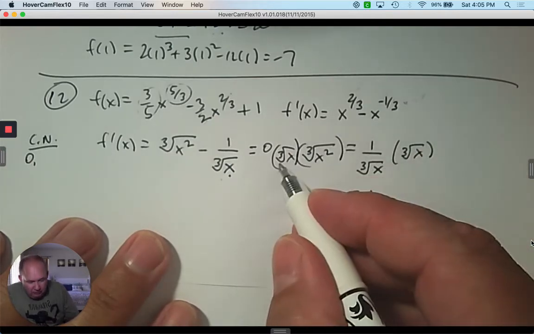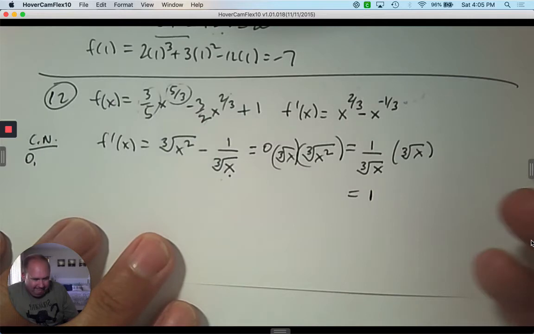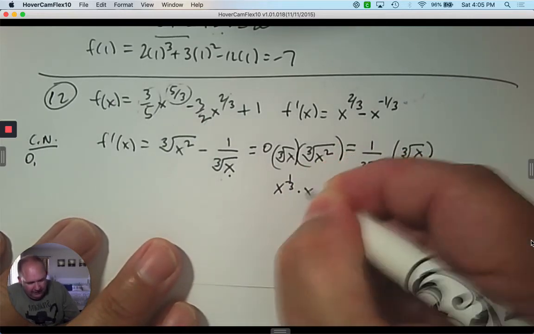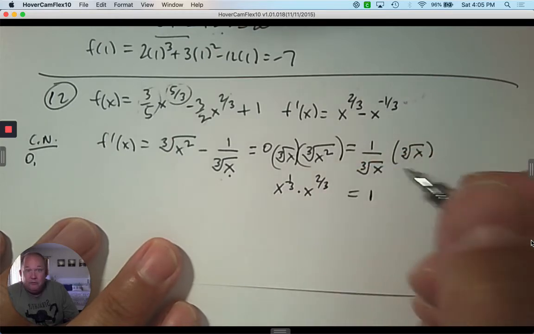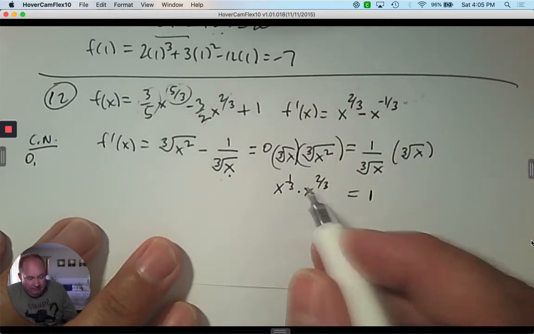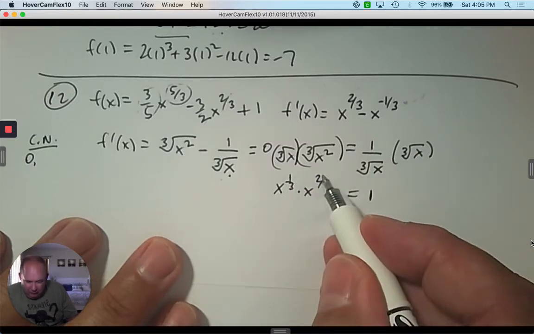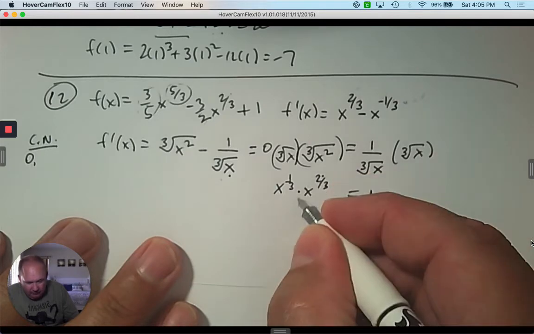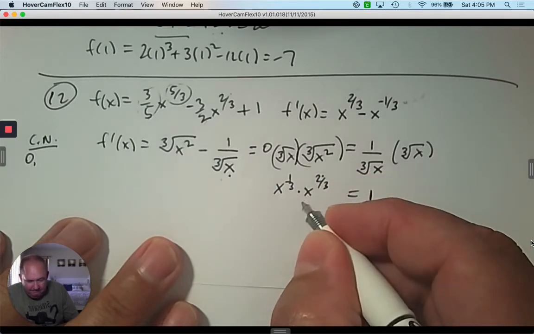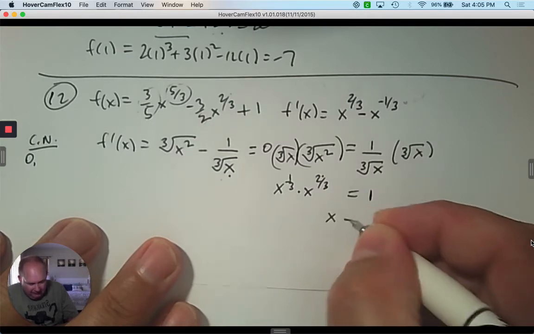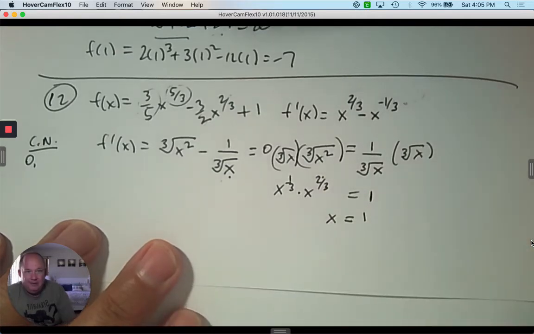A cube root times a cube root, so this is like x to the 1/3 times x to the 2/3. When I multiply, I add the exponents. So when I go 1 plus 2, it's 3 over 3. Remember, you're adding exponents when you're multiplying and the bases are the same. So I get x equaling 1 as my answer.